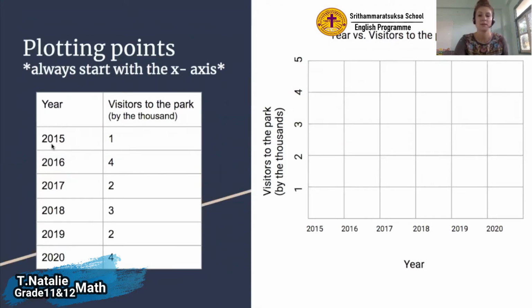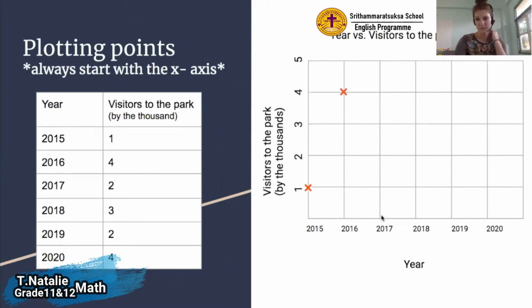I have 2015. This is on my x-axis. So I'm going to go to 2015, and then I will go up to my y-axis, and that will be 1. I'll put my point. Then moving over to 2016, I will go up to 4 and put my point.